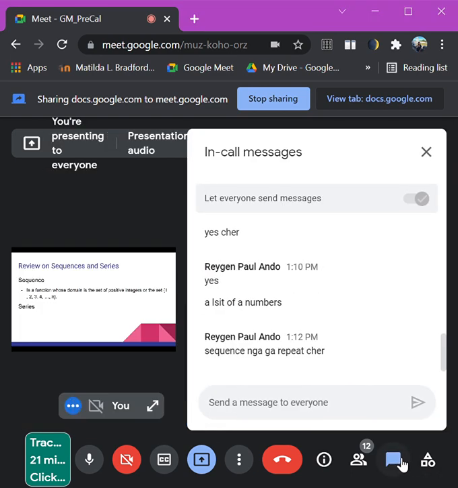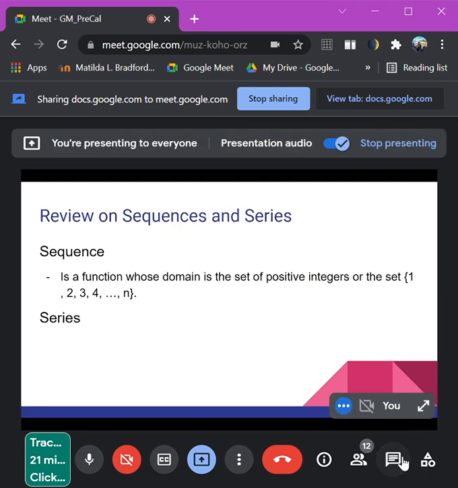Sige, tagaan ta mo clue. Mag-add ta sa series. Kung mag-add ta, unsa ang atong makuha? The sum of the sequence? Very good. When we say series, it represents the sum of the sequence or the summation of your sequence. Okay, so good job to those who remembered.